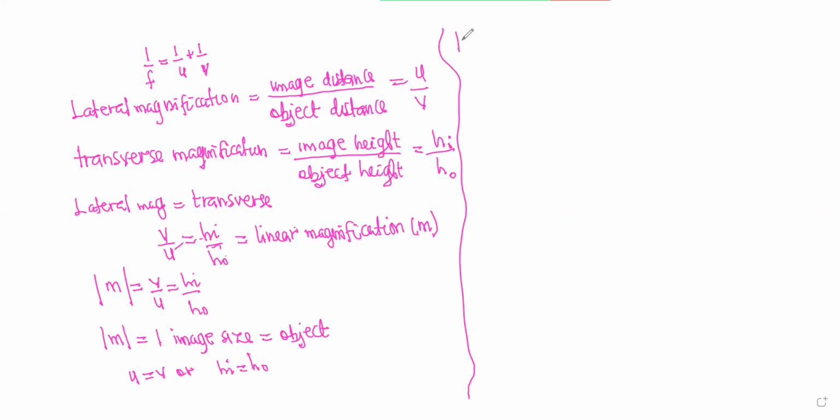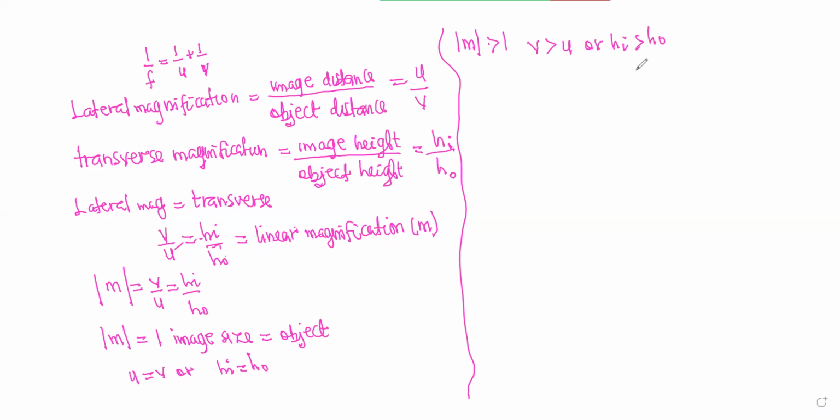If the magnitude of linear magnification is greater than 1, then it means that V is greater than U, or HI is greater than HO.